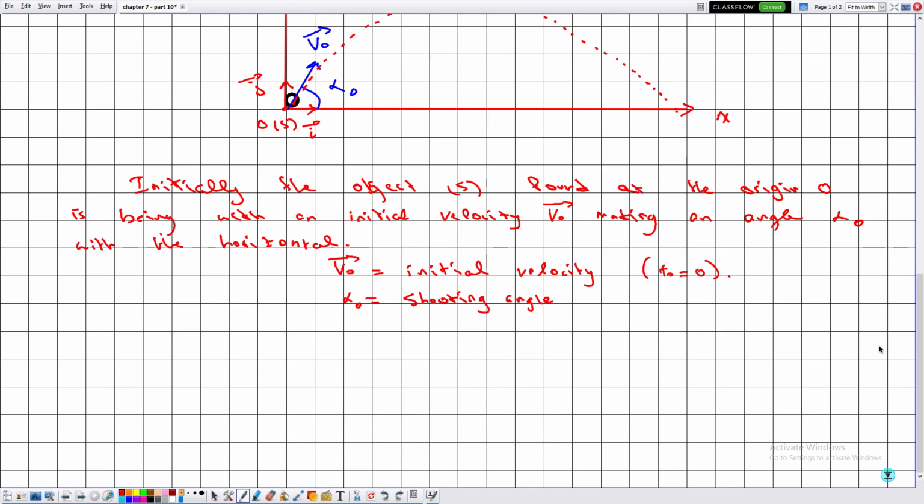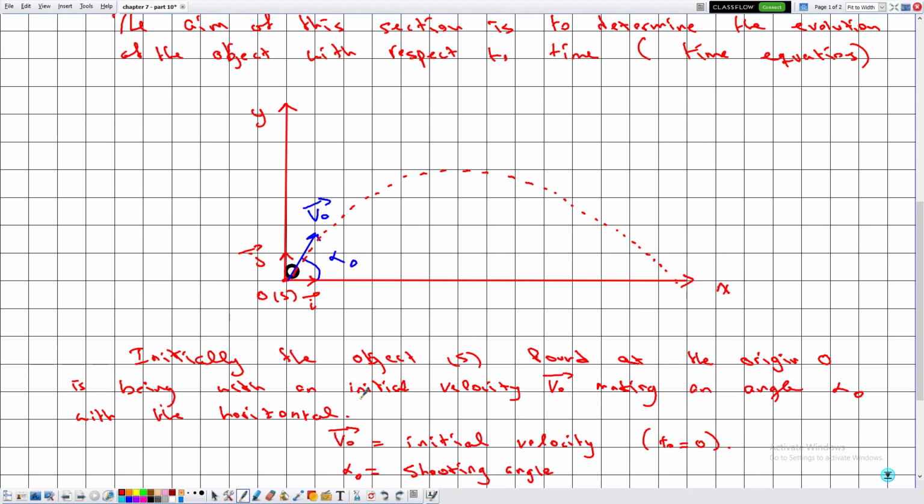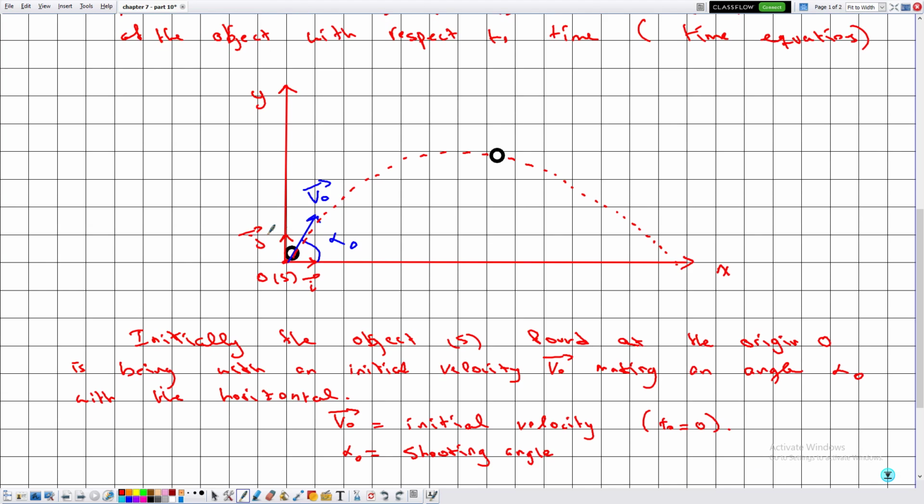Okay, now at any moment, so this is t0 equal to 0. So this is time greater than 0.